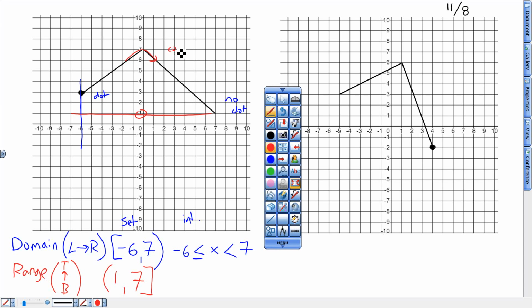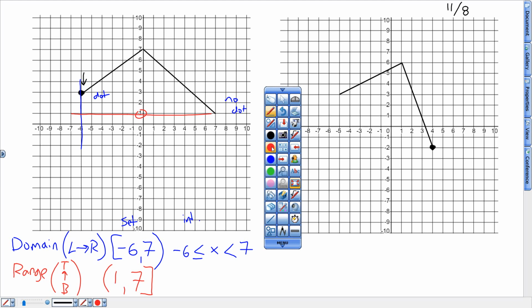It's continuous right here. So they're telling me no break in the data. Make that continuous. It's like if there was a dot up there. So just know that. The only place you have to worry about a dot or no dot is the ends. So that's going to be 1 up to square bracket 7.